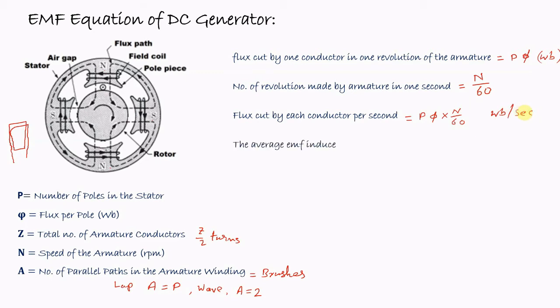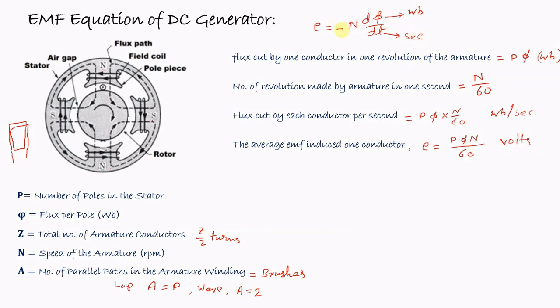So the average EMF induced in one conductor, represented by small e, is equal to P phi N upon 60 volts. If we recall Faraday's law of electromagnetic induction, that is E equal to minus N d phi by dt, where phi is the flux in Weber and t is the time in seconds.